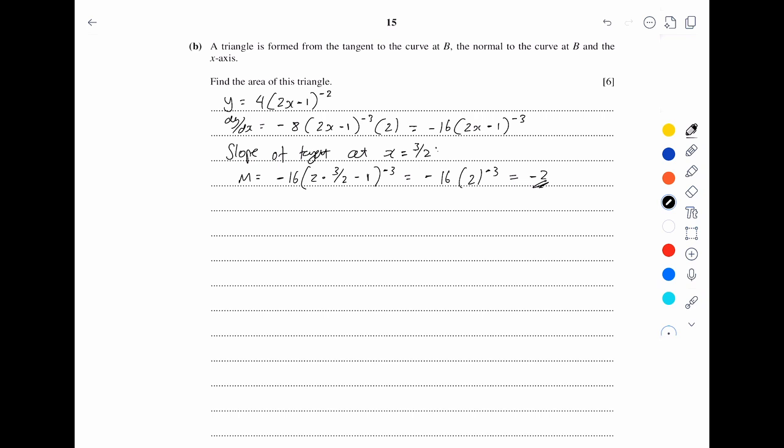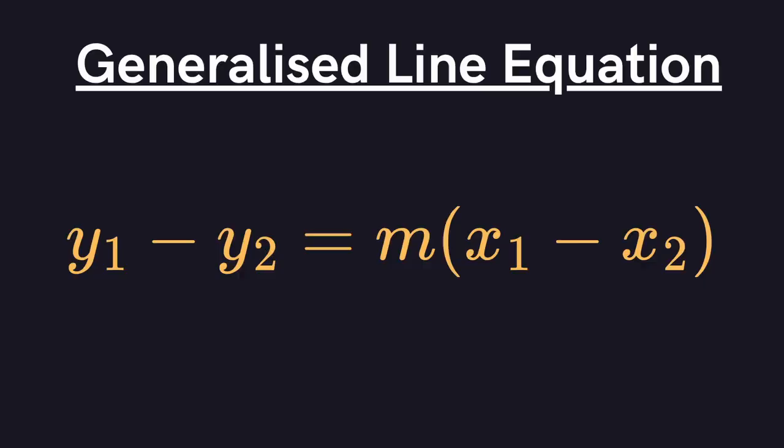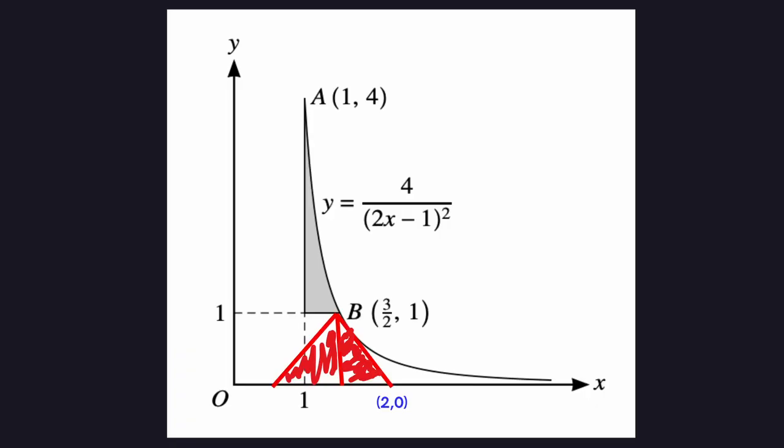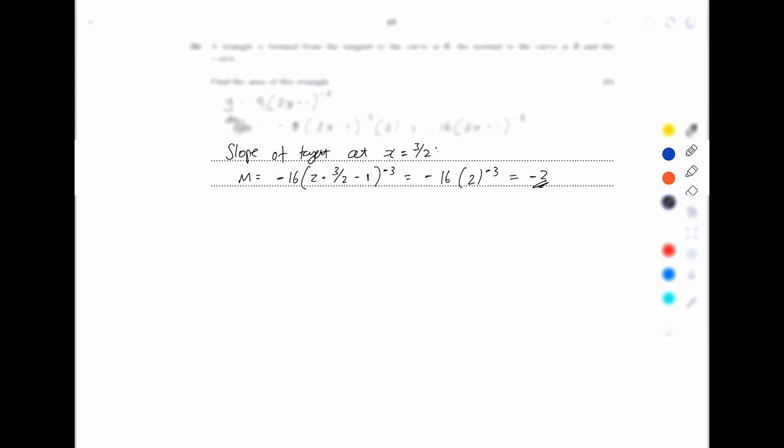All that's left now is to plug it into this, which gives us x equals 2. So therefore 2, 0 is our first point. Now what about our second point? Well, remember the slope of our tangent line, negative 2.